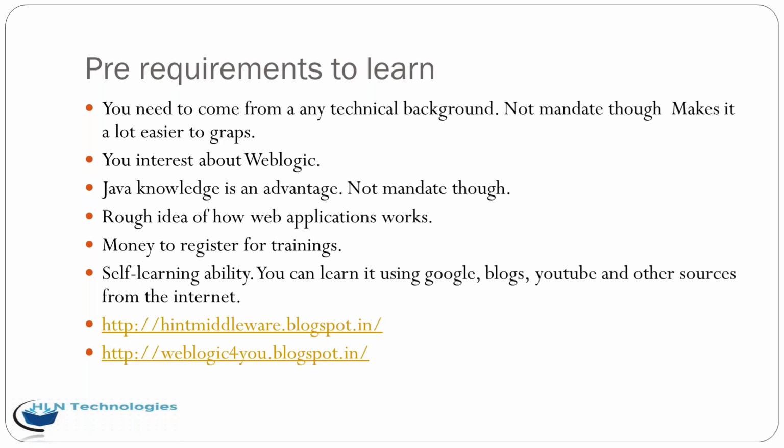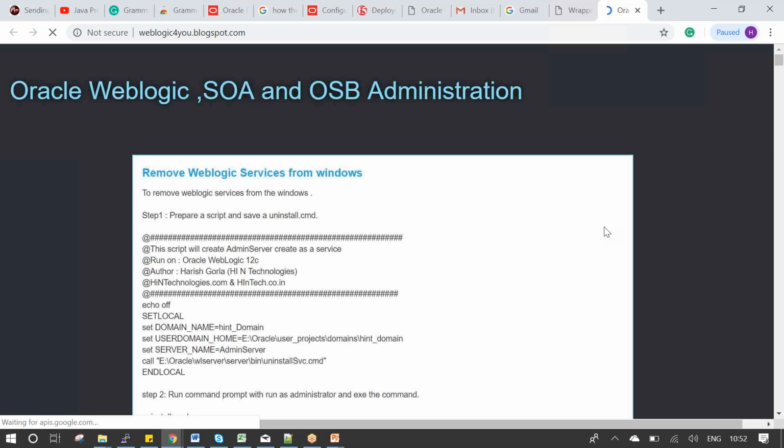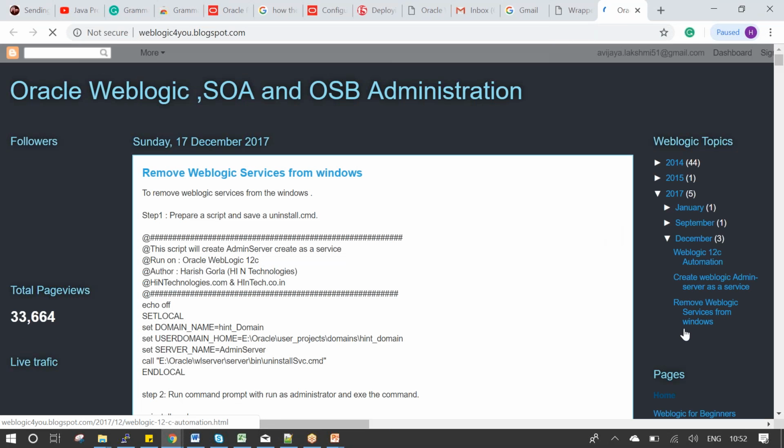We have two middleware blogs. One is HintMiddleware, which is from Hint Technologies. The second one is WebLogic for You, which is from my side. These are the two blogs I am running now. You can find a number of things here. WebLogic for You will help you see what exactly the class content is, and I have already placed everything here. Here I have placed WebLogic for beginners.